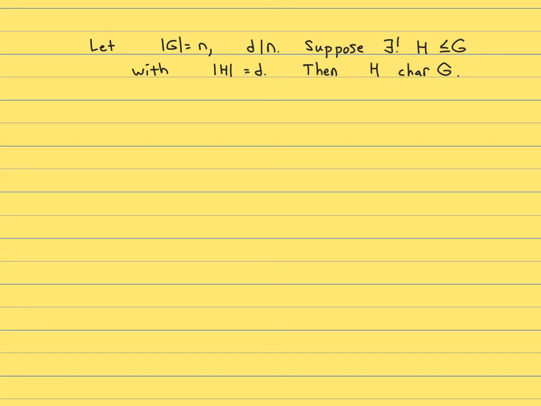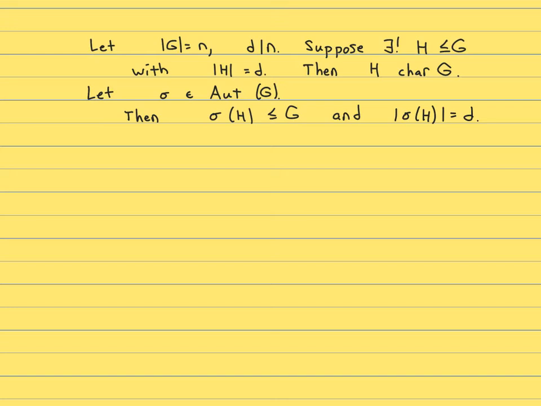Well, why should this be true? Just let sigma be an automorphism of G. Then sigma of H is a subgroup of G. This is a fact about group homomorphisms: they send subgroups to subgroups. But a fact about group isomorphisms is that they send subgroups of a given order to subgroups of the same order.